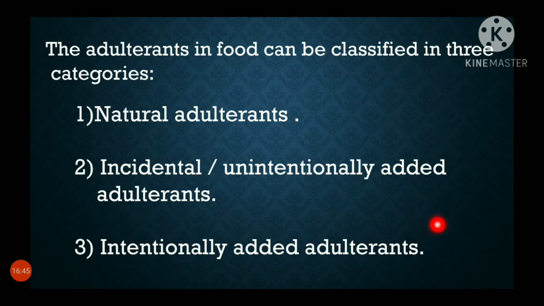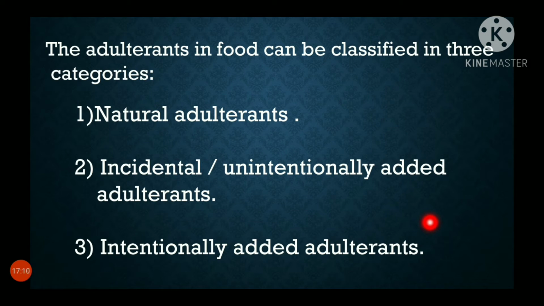Incidentally means accidentally, by mistake they will get added to the food. Intentionally added adulterants. Intentionally means you wanted. They will purposely add that unhygienic, unhealthy material to the food. Like if you see the street foods, they will fry everything in the same oil which they have been using for 1 week. That oil will become black in color.